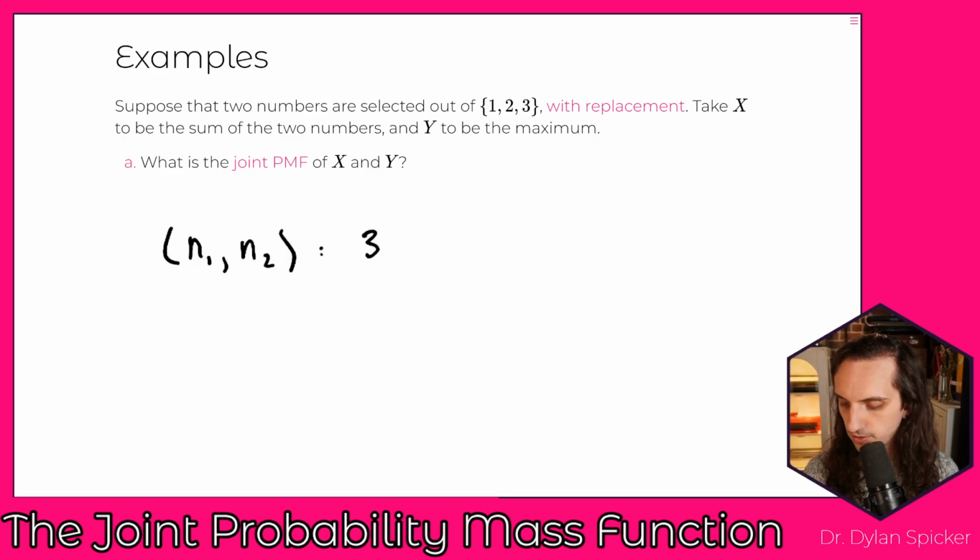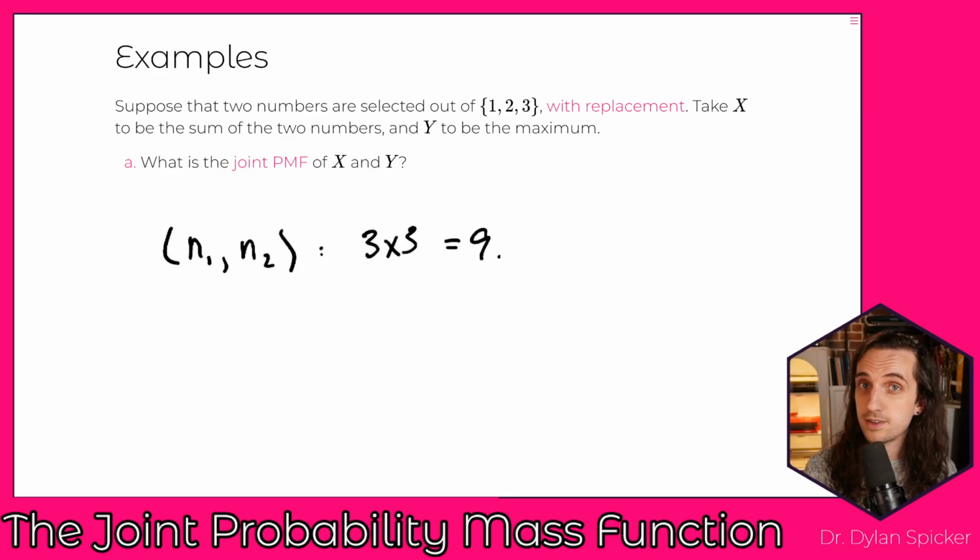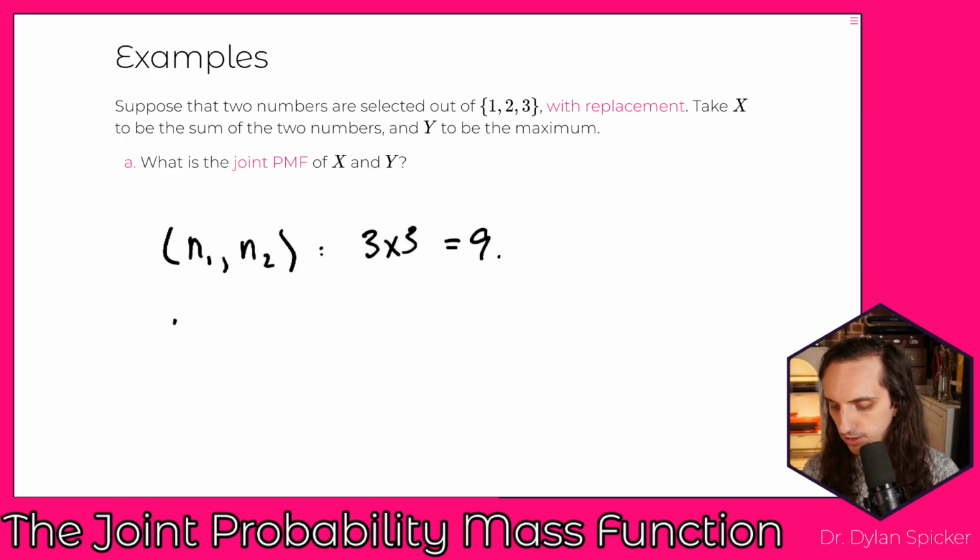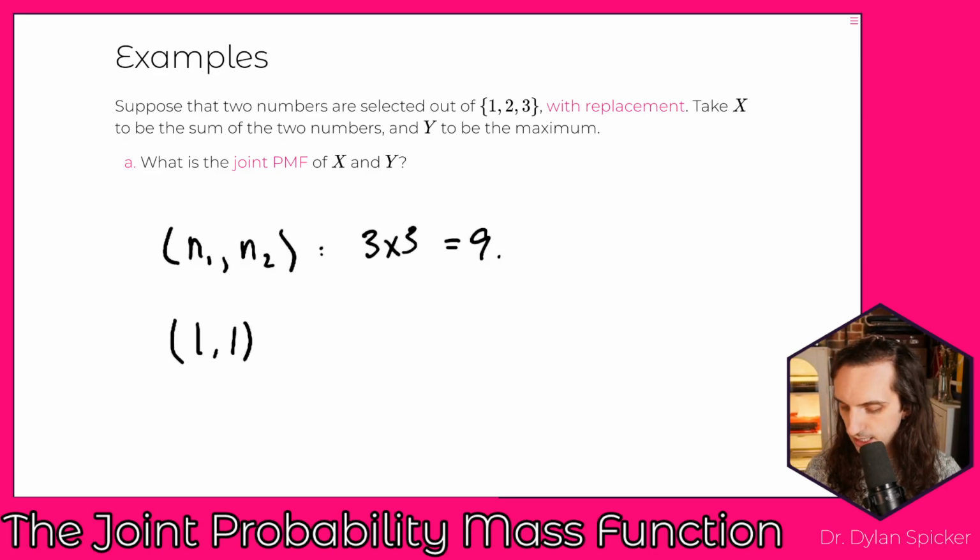Well, we have 3 options for the first one and 3 options for the second one. So there's a total of 9 pairs of numbers. These 9 pairs are all going to be equally likely because we are drawing with replacement, and so each time, each number is equally likely to come up. So we could think about writing down all of these pairs. We can get the pair being a 1 and a 1. We could get the pair being a 1 and a 2.